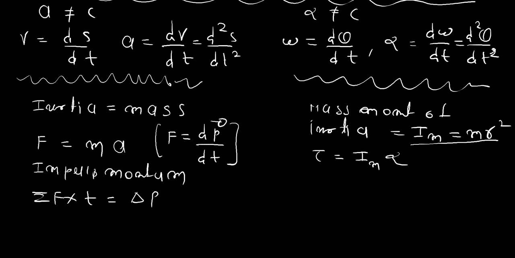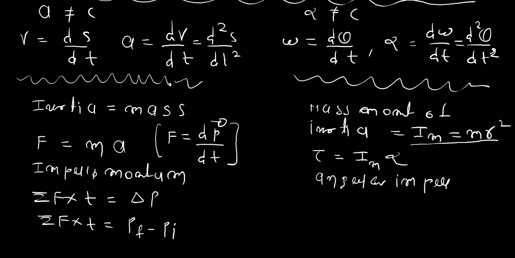So here again, coming to the impulse momentum theorem, summation F into delta P, that is summation F into t, is final momentum minus initial momentum. Now the same for angular impulse momentum. The angular impulse momentum theorem states again the same: summation of torque into time is equal to change in angular momentum.